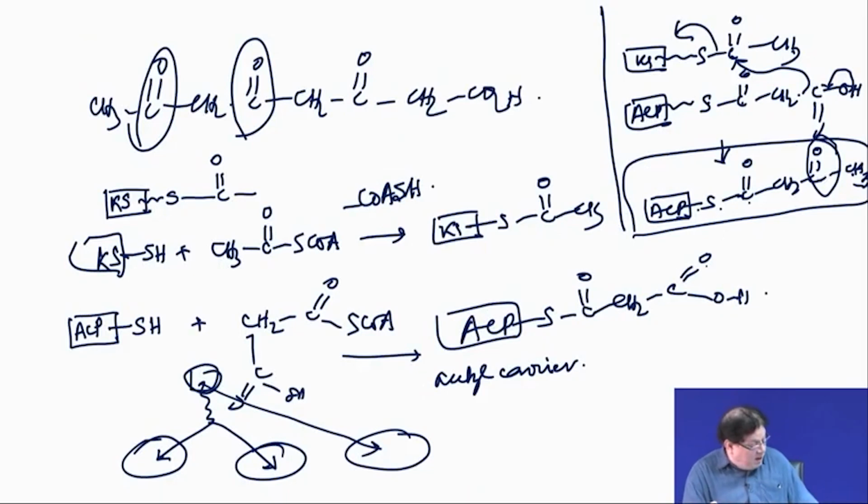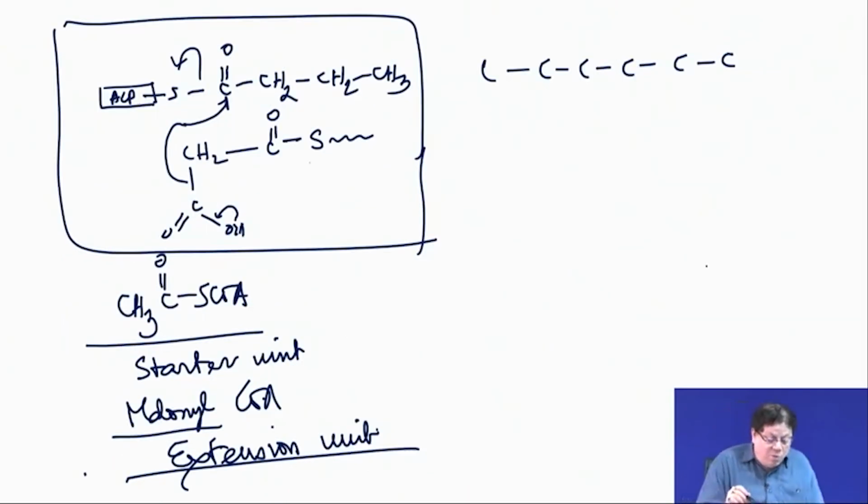See, at the end of the reaction, what you end up with is a terminal CO2H. Like if it is palmitic acid, that means you have to have 7 cycles of this reaction. So, 7 into malonyl unit, meaning 2 carbon units, that is 14, plus acetyl CoA, that is 2, that means C16 is generated, and then if it falls off from the enzyme system, you will get the CO2H.